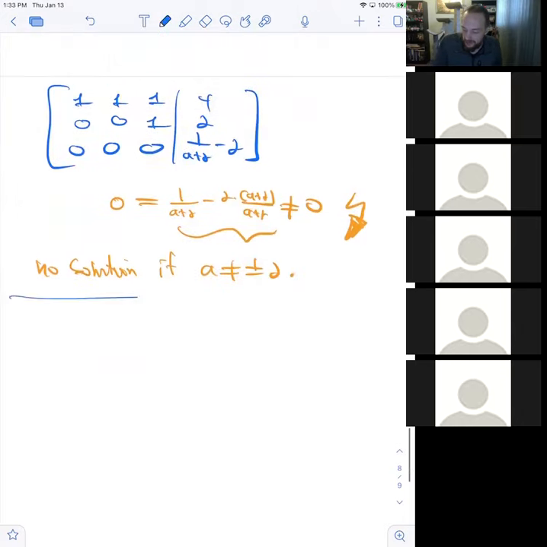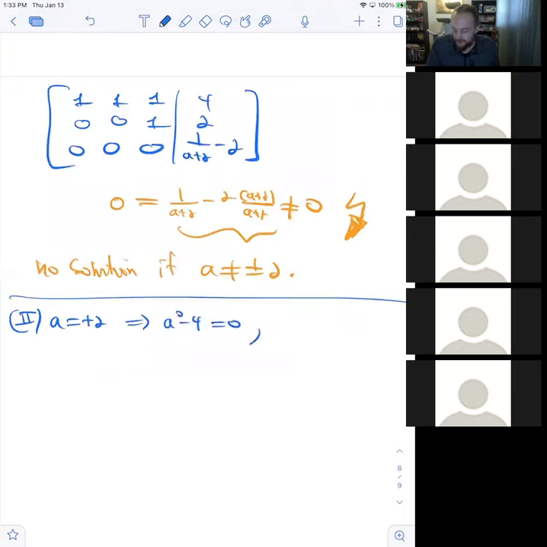What about case 2? A is equal to positive 2, then this says a squared minus 4 is equal to 0, and a minus 2 is equal to 0.